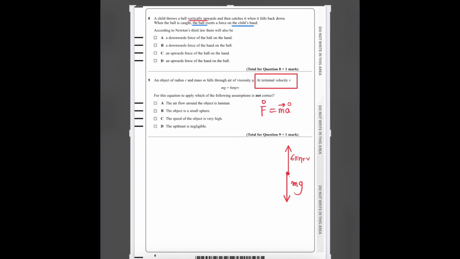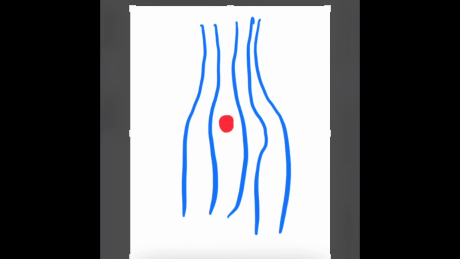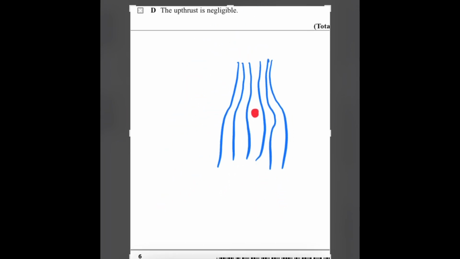Then there are some assumptions that the sphere has to be small, and if the sphere is small, the flow across the sphere is laminar, right? If we want to apply the equation mg equals 6 pi nrv, it should be laminar. If the radius of the ball is bigger, then there shouldn't be only laminar flow.